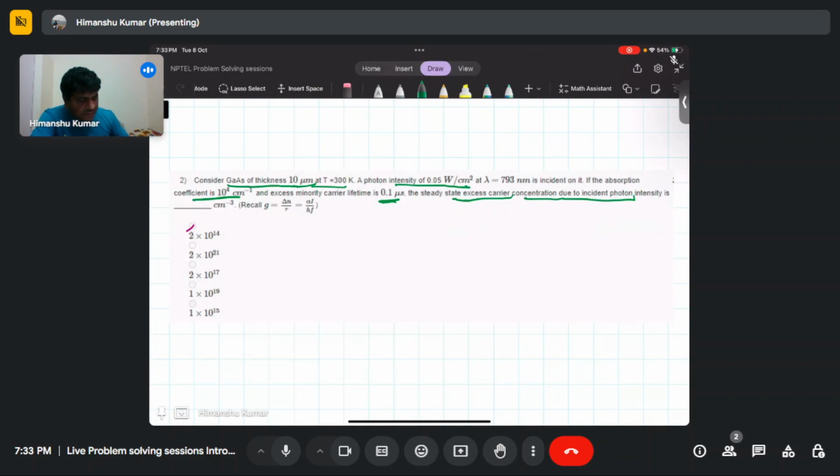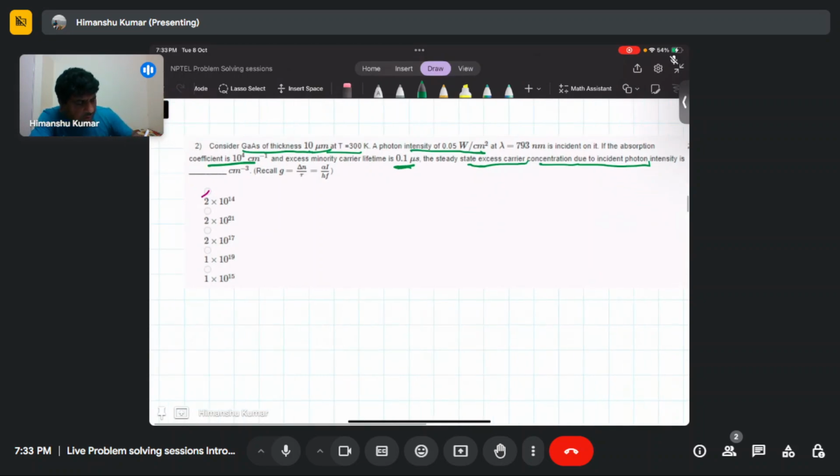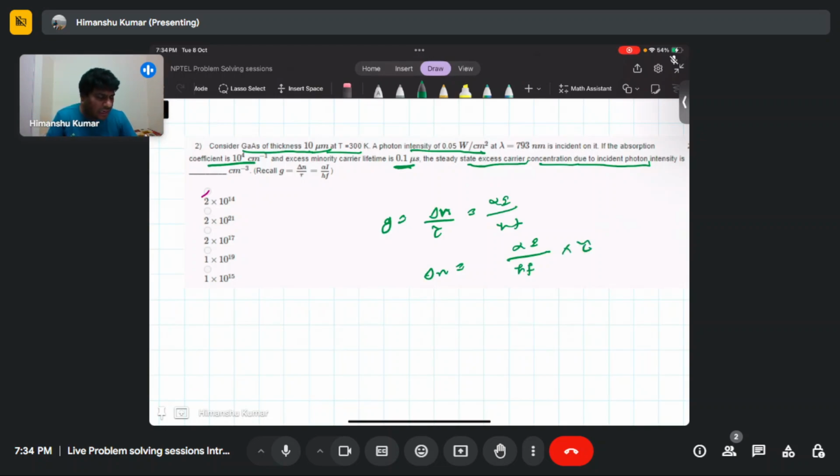If you integrate, the excess generation rate is the excess carrier generated, delta n, divided by lifetime. This equals alpha times I over h f, so from here delta n is alpha I over h f times tau, the lifetime.